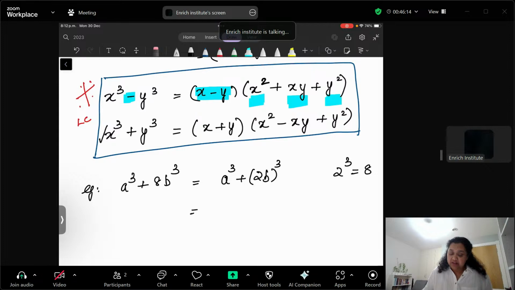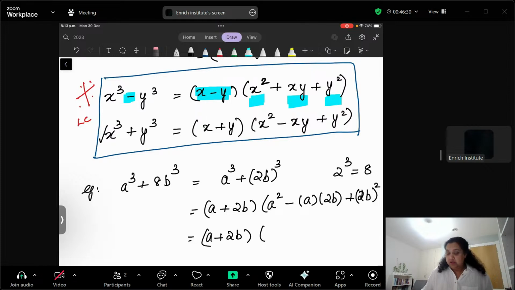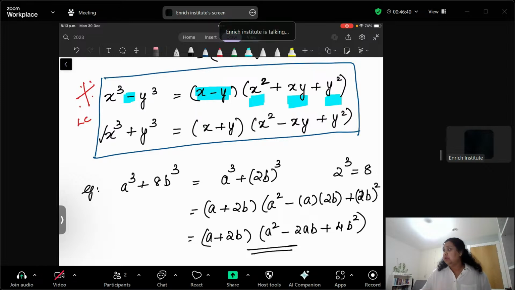So I will write this as a plus 2b times a square minus a times 2b plus 2b square. Then I can simplify this as a plus 2b times a square minus 2ab plus 4b square. Okay. So this is how you do the factorization for the cubic one.